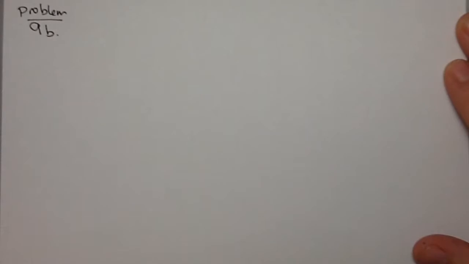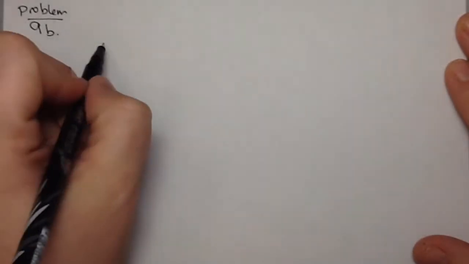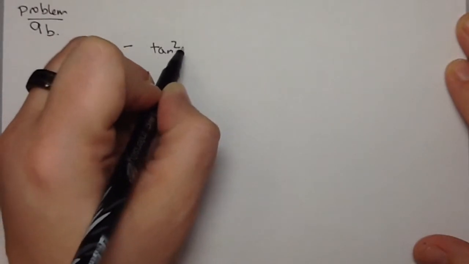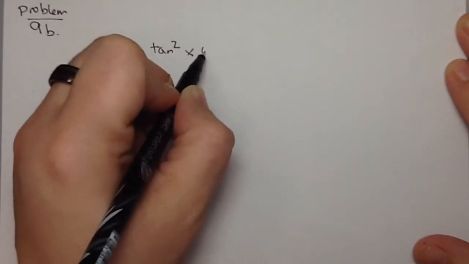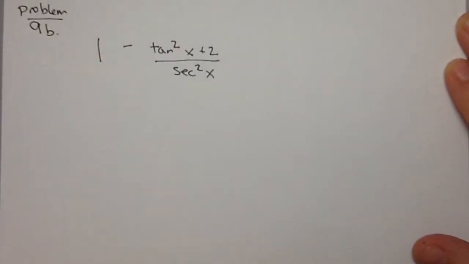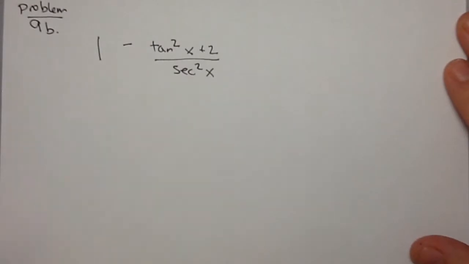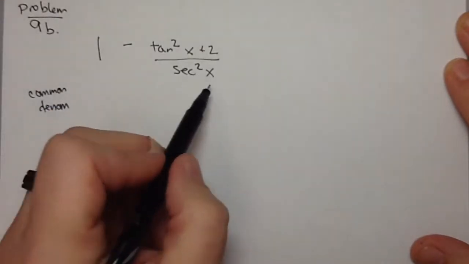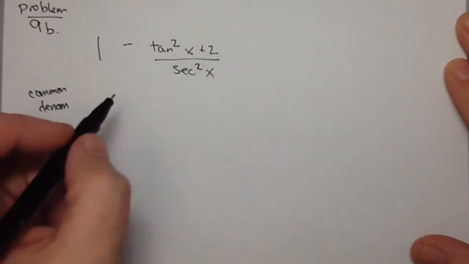9b. So again, we're trying to simplify. We have 1 minus tangent squared x plus 2 all over secant squared x. All right, the first thing we do here is find the common denominator. So it'll be secant squared.